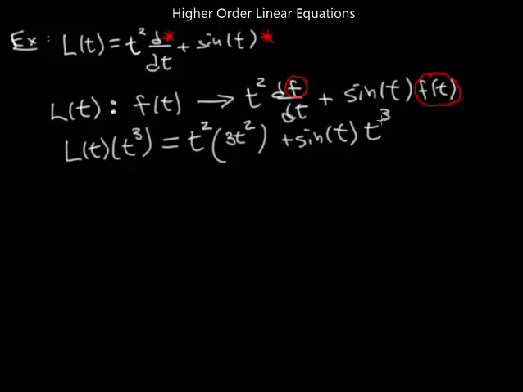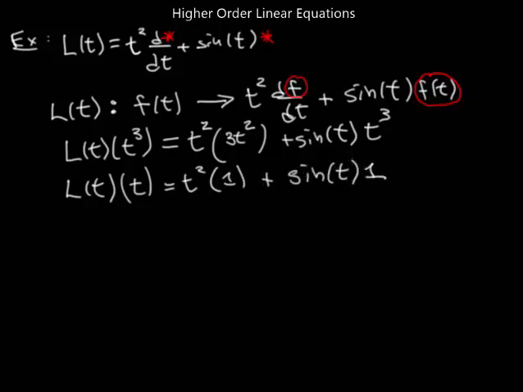So it takes the function t cubed to the function 3t to the 4th plus t cubed sine of t. As another example, this operator L(t) takes the function t to what? t squared times the derivative of t, which is 1, plus sine of t times t.